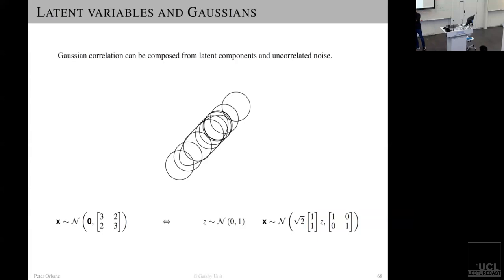Now here is a different way of drawing from the same Gaussian in two stages. We first draw a scalar from a standard normal. So this here is going to be a scalar value. Then we take that scalar value and multiply the vector square root of 2 times (1, 1) by it.